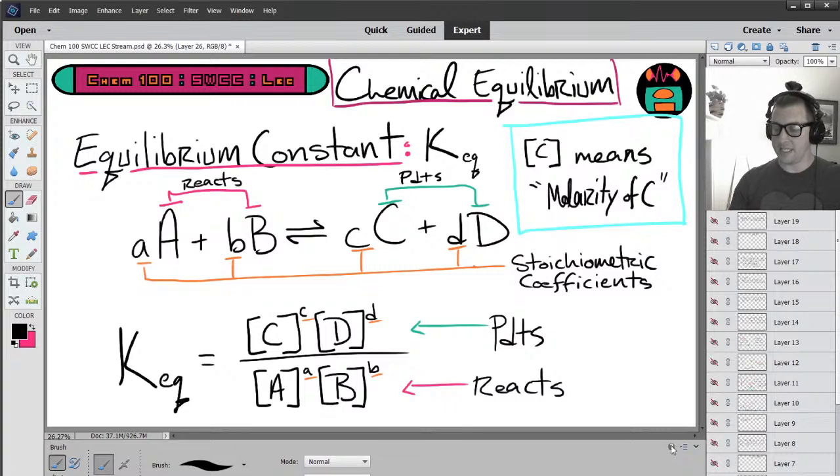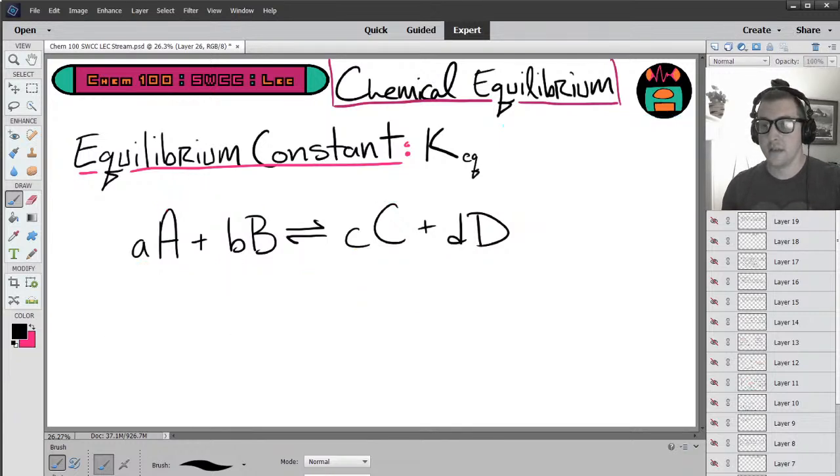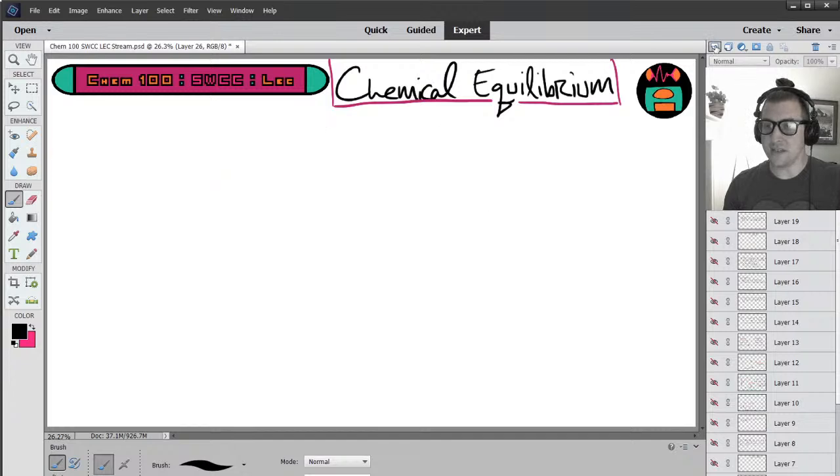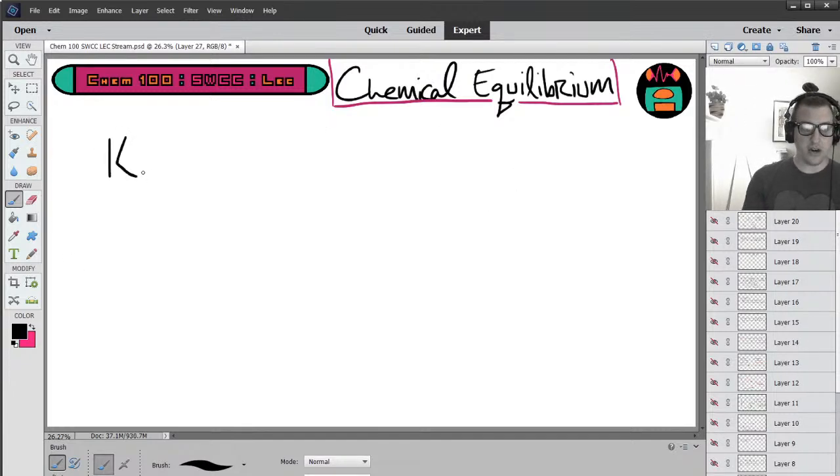That's the definition. So the way to think about it is, when we're talking about equilibrium constants generically speaking, K_eq is going to be equal to the concentration of your products, the molarity of your products, over the concentration or molarity of your reactants.